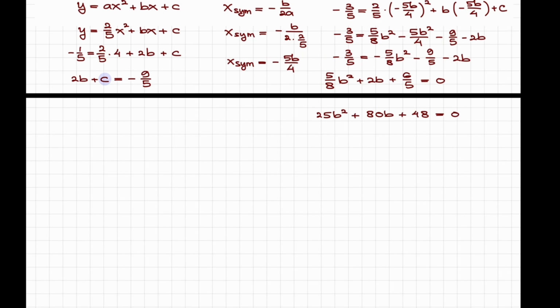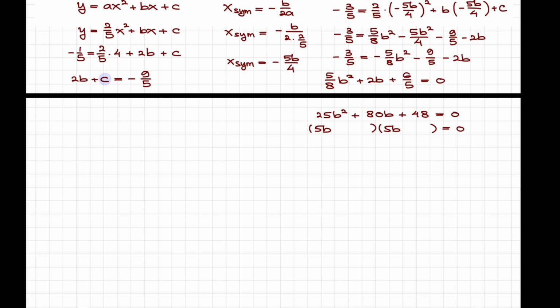We need to factorize the quadratic equation here. If it is too hard for you to factorize it, you can solve it by using the quadratic formula, or by converting it into completing square form. But I think we can factorize it.